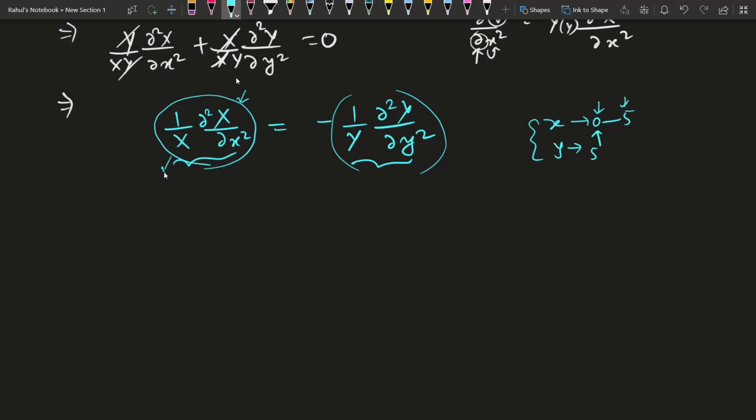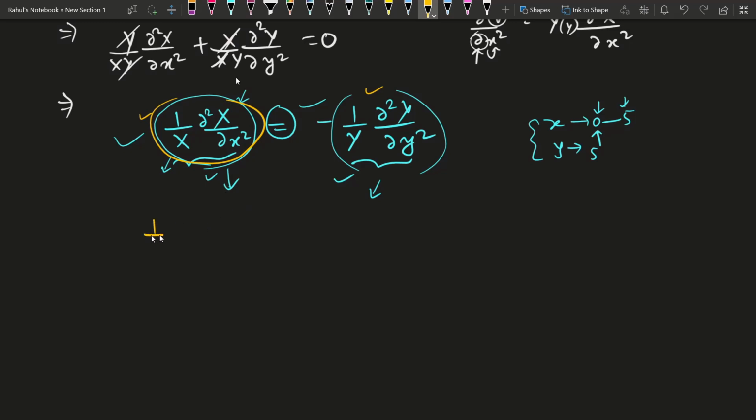I can change this in any way, like 0 to 5, and then the other must also change in such a manner that these two things will be the same. That can only be possible if both of these two things become the same constant, meaning these two are not actually changing.